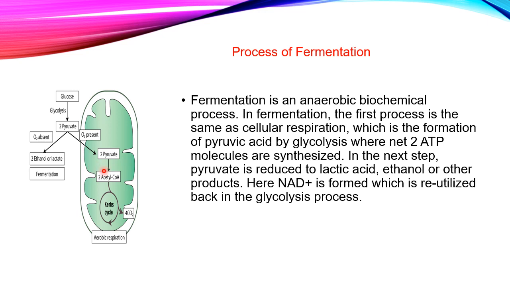The first step is where the pyruvate is decarboxylated into acetyl-CoA by the PDH complex, and this acetyl-CoA after cleavage enters the Krebs cycle and then the electron transport chain. This is routine aerobic respiration.